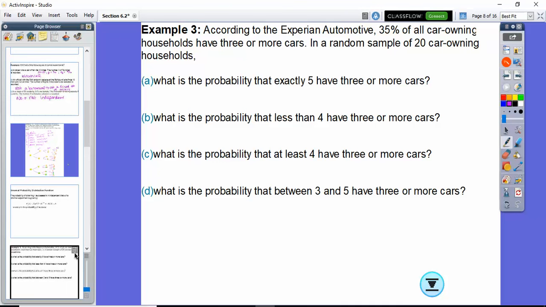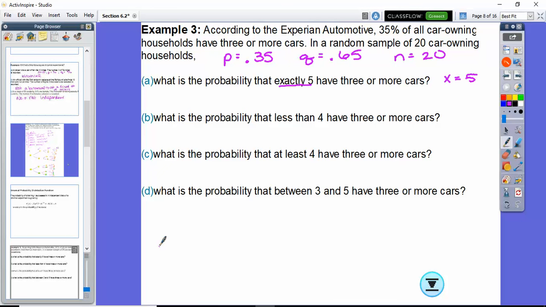In a random sample of 20 car-owning households, part A, what is the probability that exactly 5 have 3 or more cars? So P, in this case, my probability of success, probability of 3 or more cars would be 0.35. My Q, or my 1 minus P, is 0.65. What's my N? How many trials are we looking at? 20. So part A, when I say exactly 5, that means my X is 5.